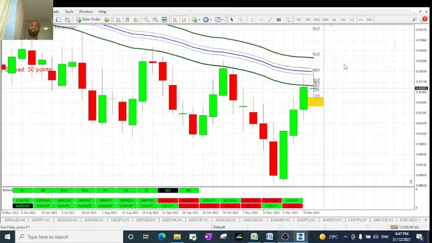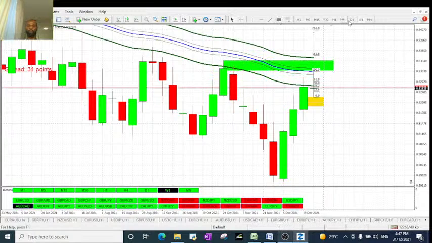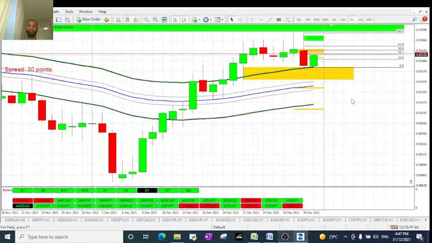Okay, weekly chart doesn't fully support our ideas. Had a strong bullish close last week. Today is Friday. We opened, pushed up. Now we're coming down, even though we have this zone right here.